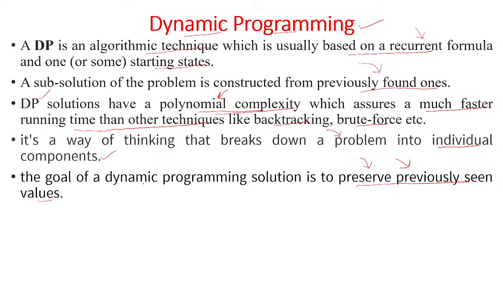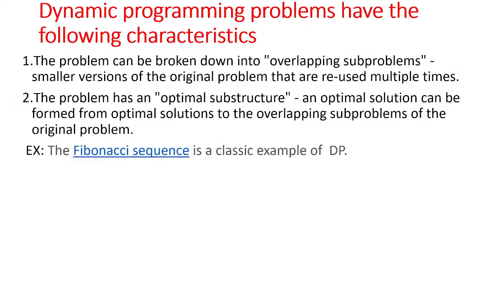That is the approach we use in dynamic programming. Instead of calculating again and again, which wastes time and increases your program complexity, if you preserve those values, you can directly use them in future instead of recalculating. That is the main goal of dynamic programming. How it can be done, we will see.